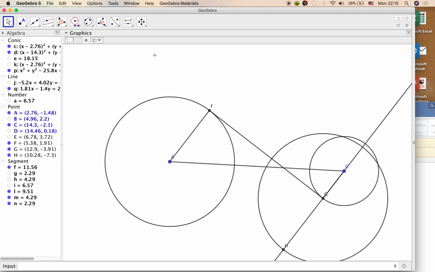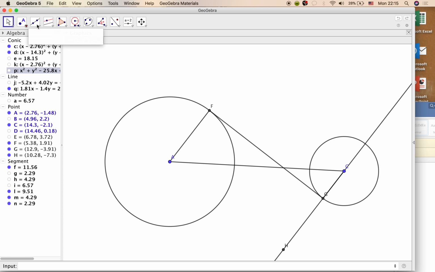Again, we're going to hide what we don't need. And I will segmentize GH.